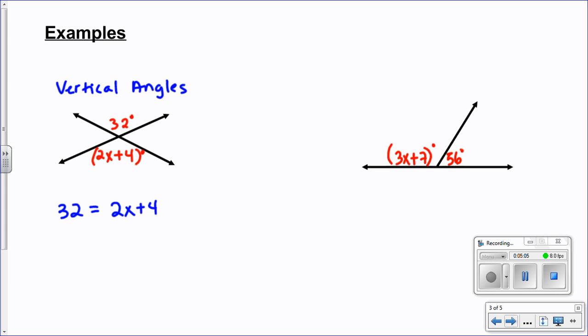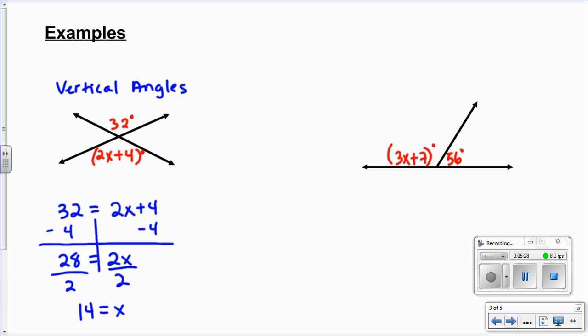So when you're solving, you don't need to put the parentheses there. Okay, so let's solve for x. Subtract 4 from both sides, and then divide by 2. I get 14.